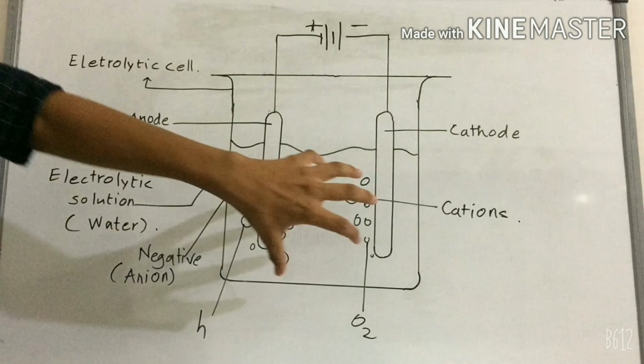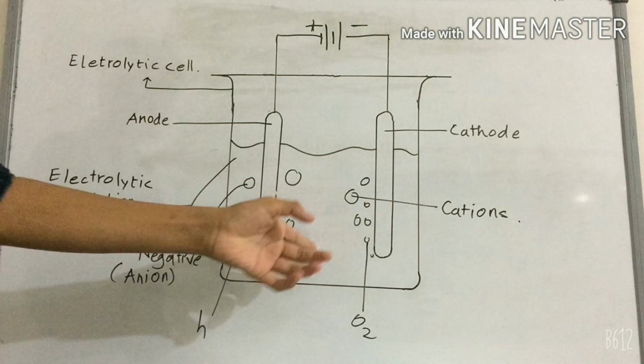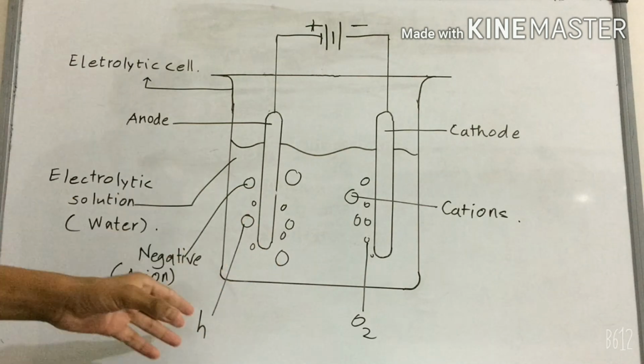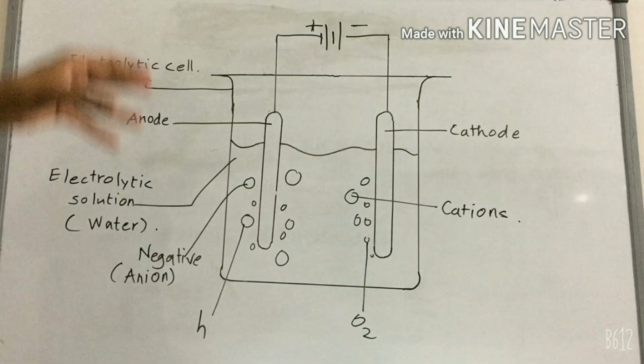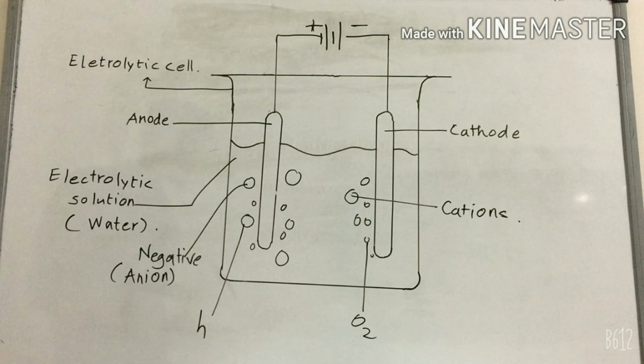Now these cations break into their own ions. Now this electrolytic cell has broken down into its ions, that are hydrogen and oxygen, and the electrolysis takes place like this. In the next video we will learn more about electrolysis.